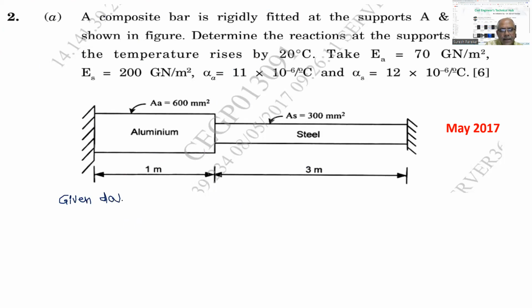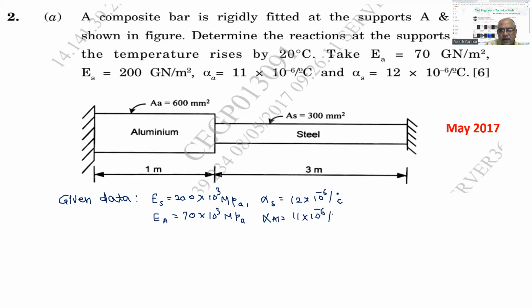Given data: E steel 200 into 10 raised to 3 MPa, alpha steel 12 into 10 raised to minus 6 per degree centigrade, E aluminum 70 into 10 raised to 3 MPa, alpha aluminum 11 into 10 raised to minus 6 per degree centigrade, area of steel 300 and area of aluminum 600.